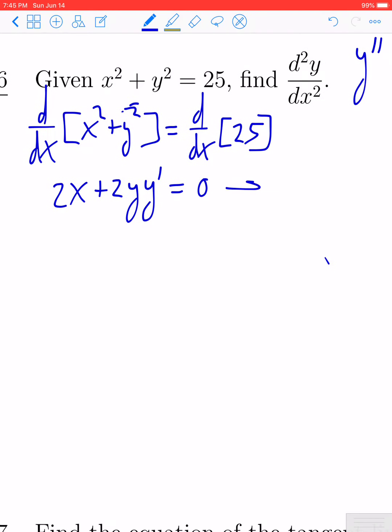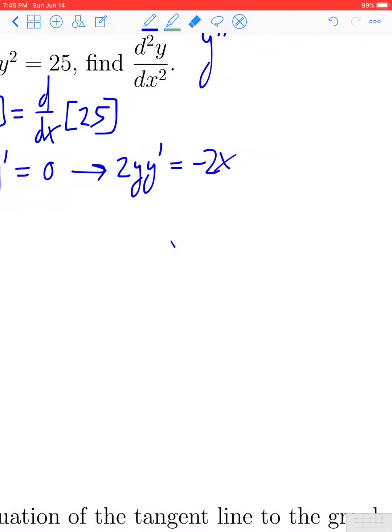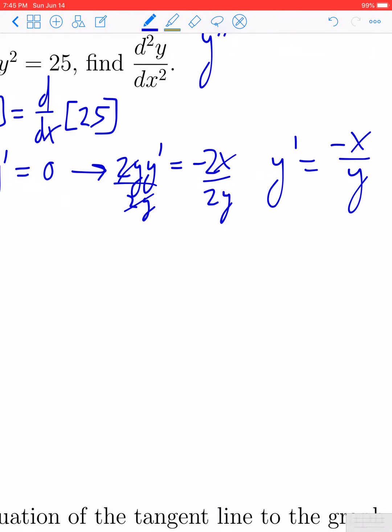We now want to get the y prime by itself, so I can take that x term over to the other side, subtract 2x from both sides. You would get 2y y prime equals negative 2x, and then from there you would divide both sides by 2y. These cancel, and so we get y prime is equal to negative x over y.